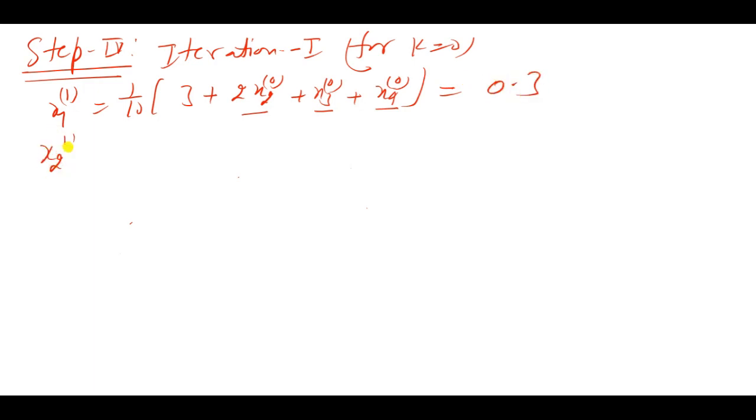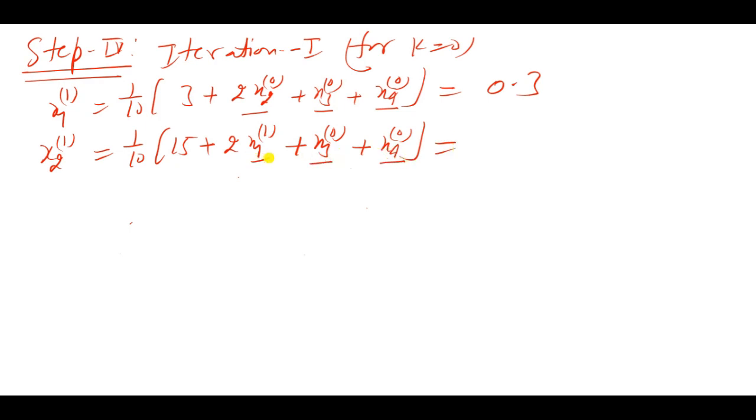Now x2^(1) is equal to 1 by 10 (15 plus twice x1^(1) plus x3^(0) plus x4^(0)). With x3^(0), x4^(0) initially 0 and x1^(1) computed as 0.3, substituting all these values and simplifying with the calculator, it will be 1.56.